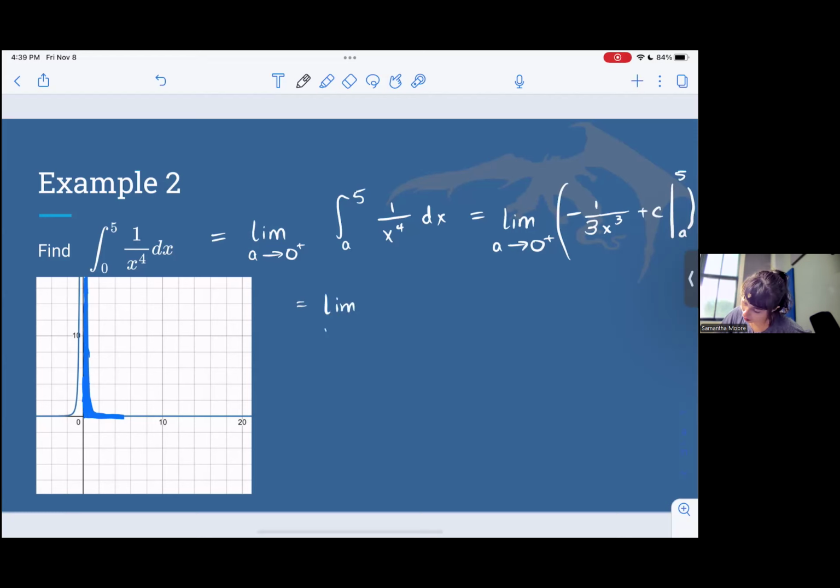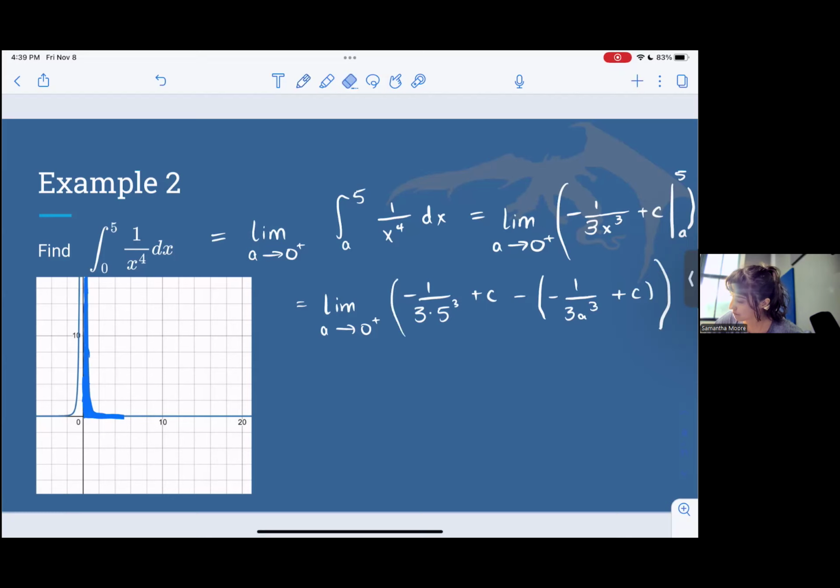So I'm looking at the limit as a goes to 0 from the right of negative 1 over 3 times 5 cubed plus c, minus negative 1 over 3 a cubed plus c. So just plugging in my bounds there. Then I'm going to clean this up a little so my plus c's cancel.